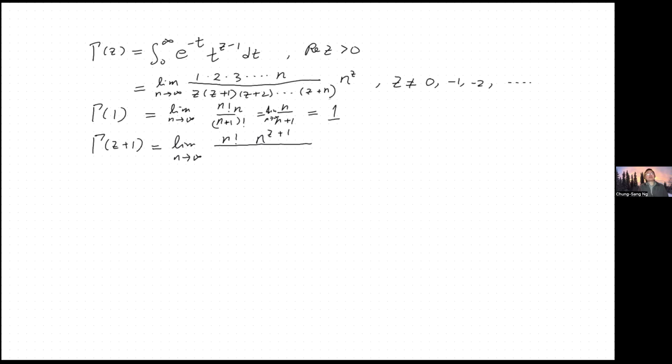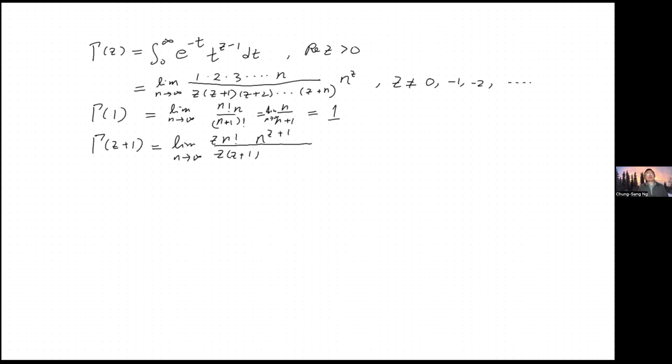So you're missing a z, and you want to add back a z here. You add the extra z in both numerator and denominator.